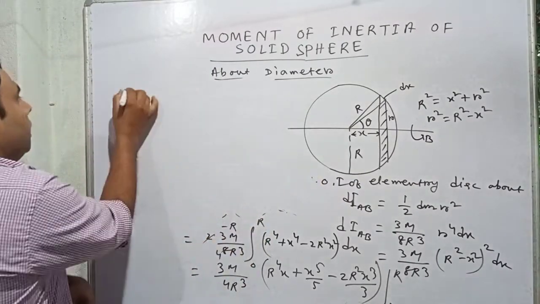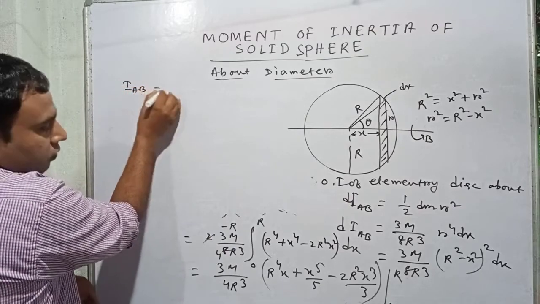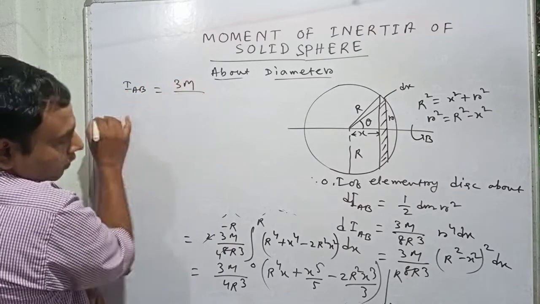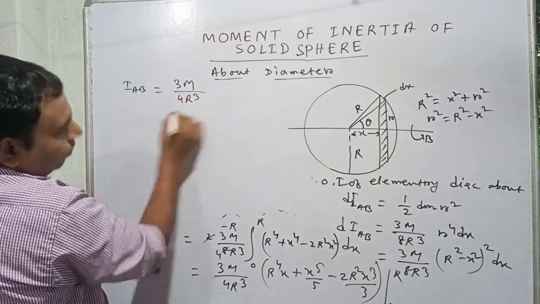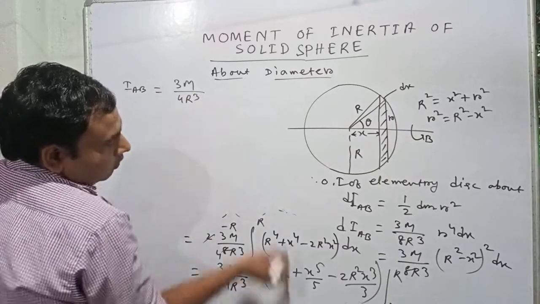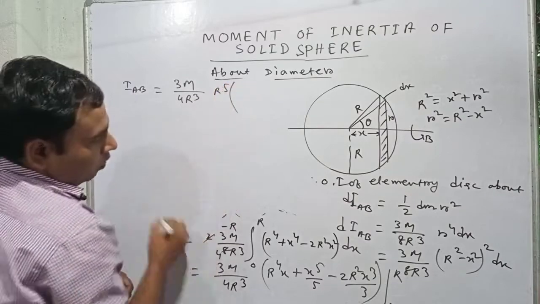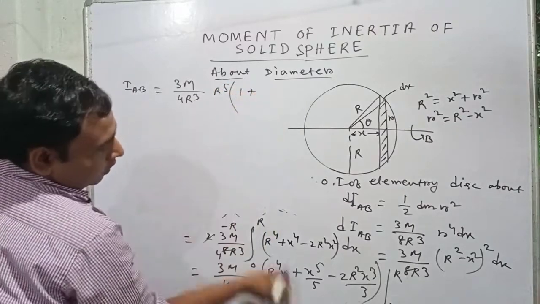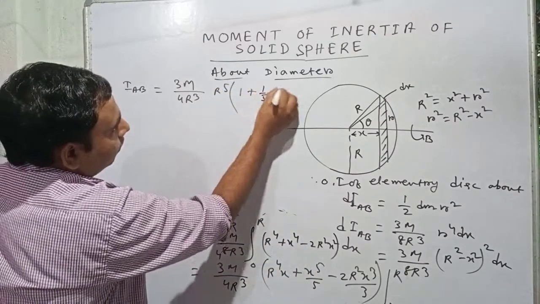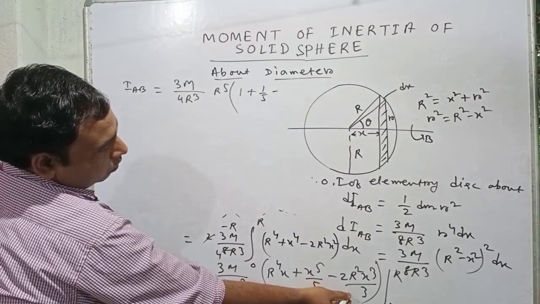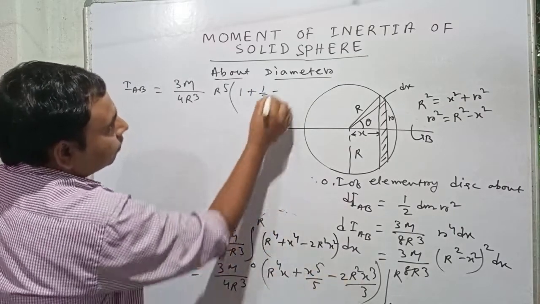So I_AB equals 3m divided by 4 R cube times, putting the value of x, R to the power 5 common, 1 plus 1 by 5 minus 2 by 3.